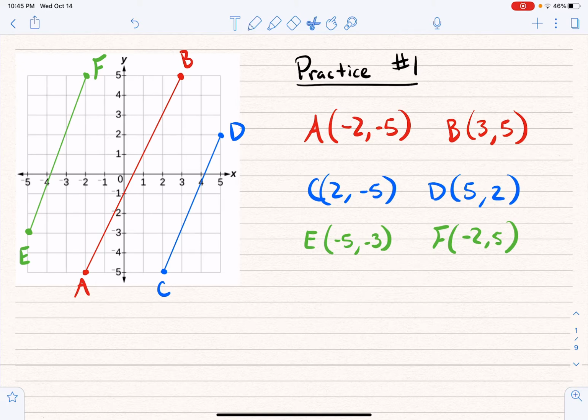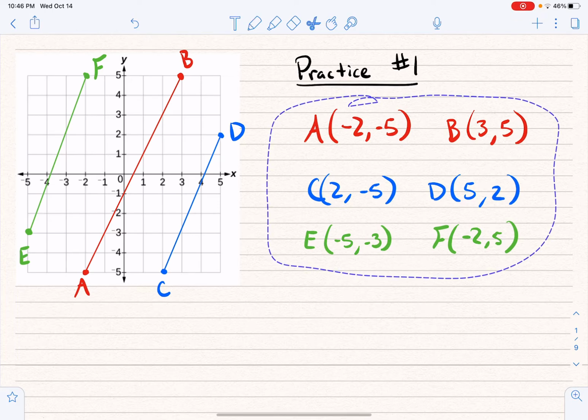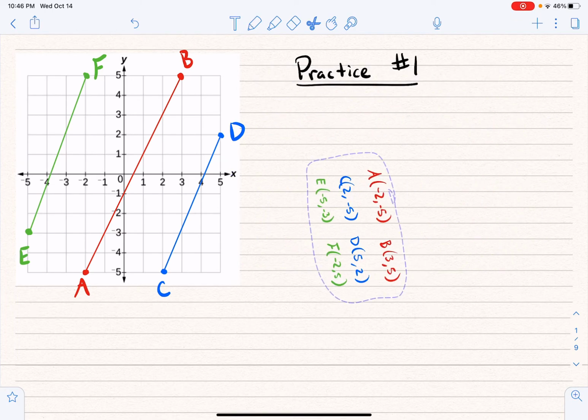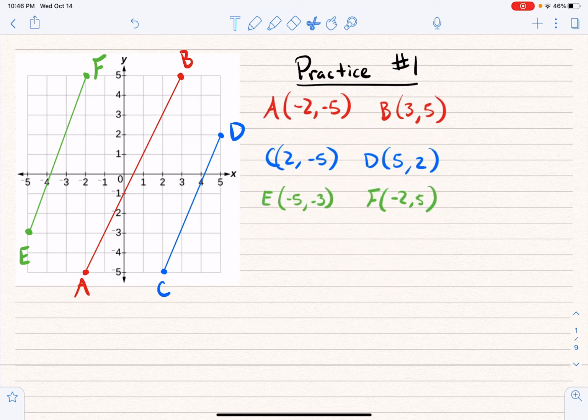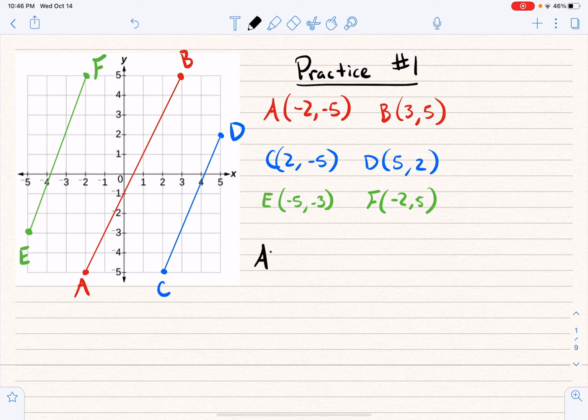Okay, hopefully at this point you have figured out whether these are parallel or not. So we're going to take a look at that, all right? I'm going to start with AB. We're going to talk about the slope of AB. And a lot of times, like I said, slope is lowercase m. If I'm looking at A and B, I'm going to start with the coordinates of B, and I'm going to say 5 minus, that's the y value, minus a -5.